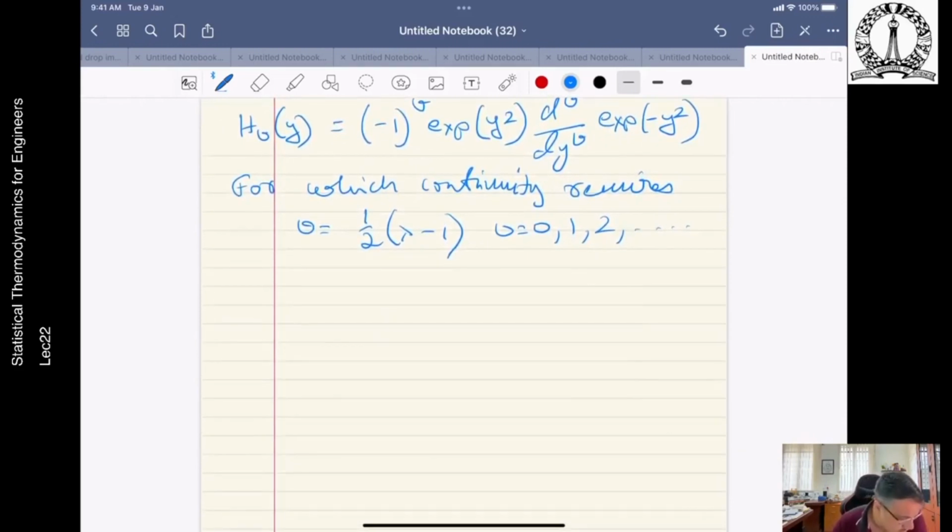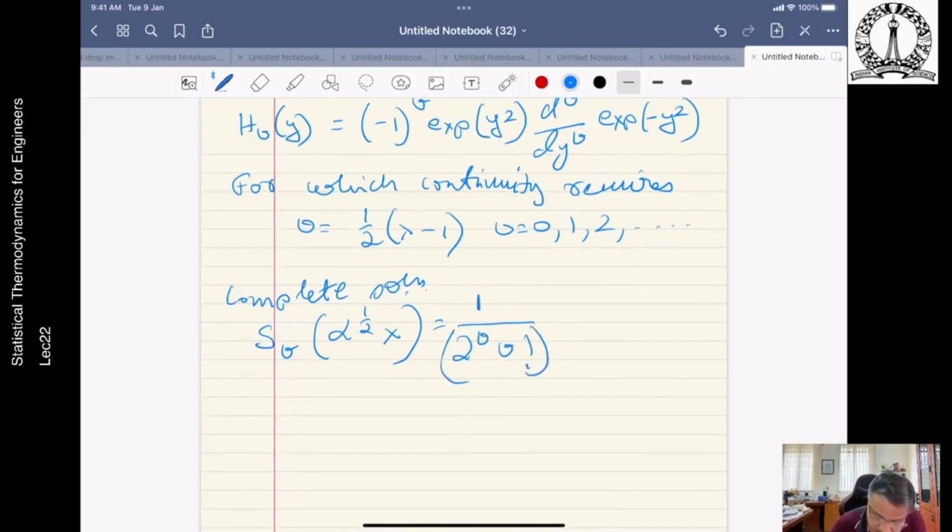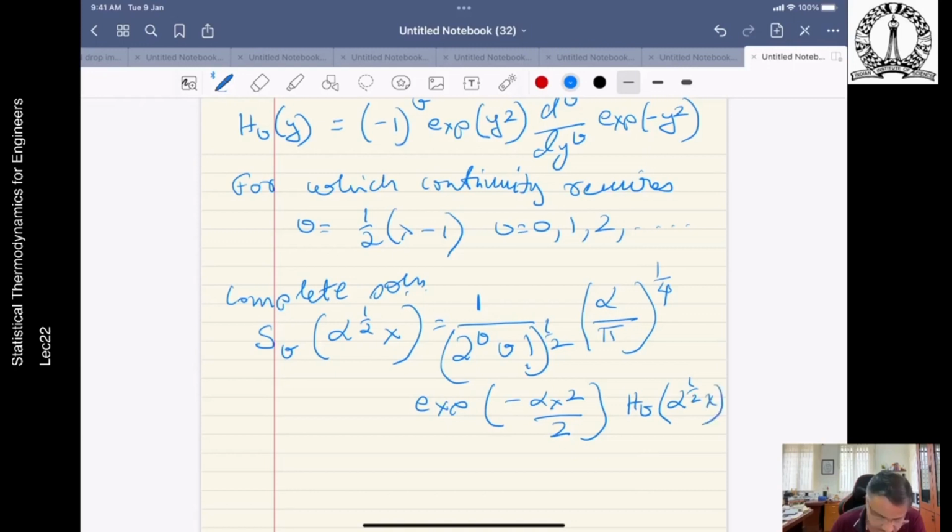So the complete solution is psi_v of (alpha half into x) equal to 1 over square root of 2 to the power v, v factorial, into (alpha by pi) raised to the power of 1/4, into exponential minus alpha x squared by 2, multiplied by the Hermite polynomial H_v of alpha half x, where alpha is given as 2 pi nu mu divided by h bar.